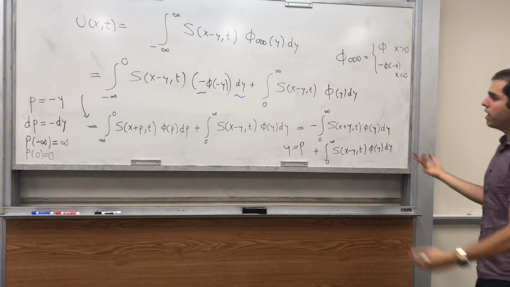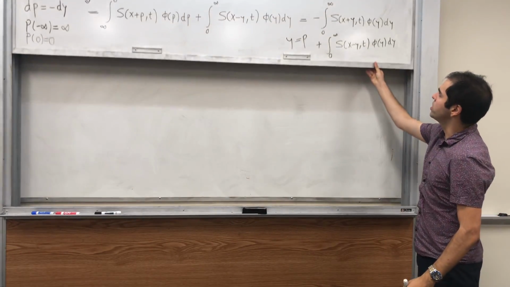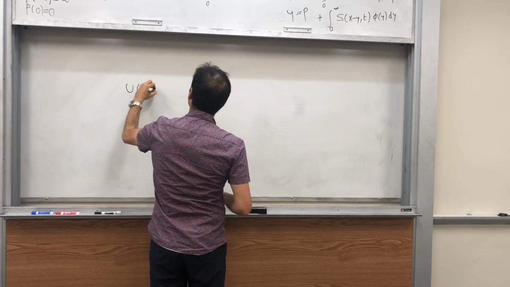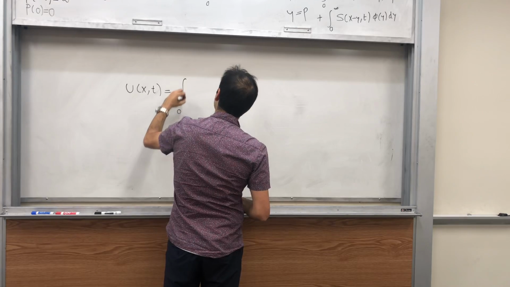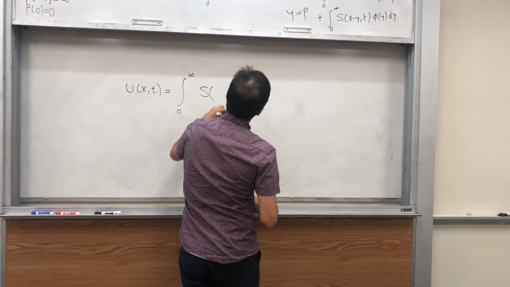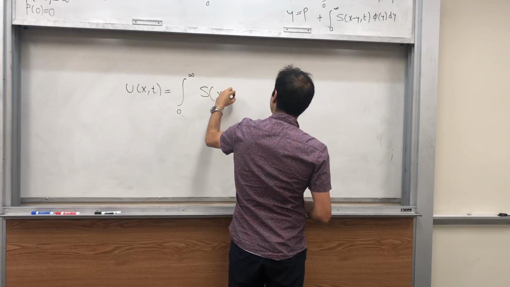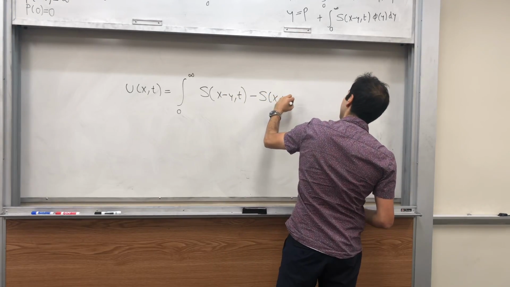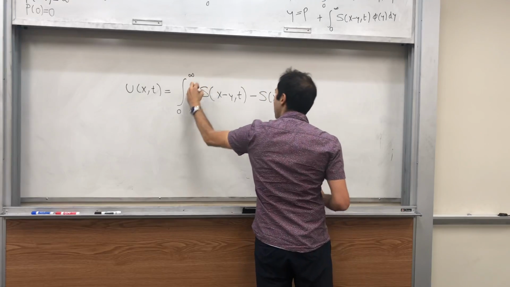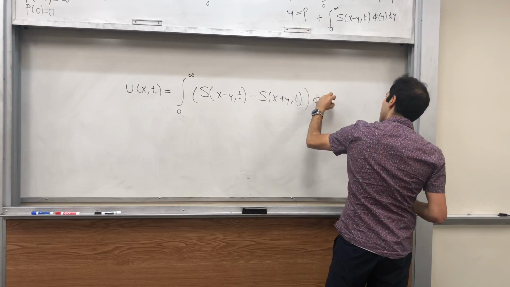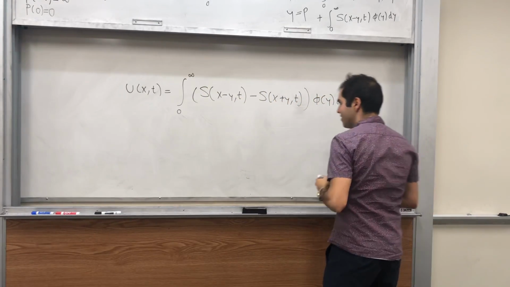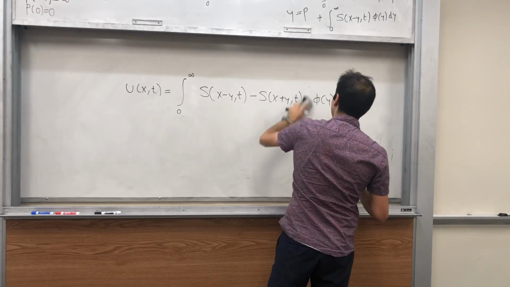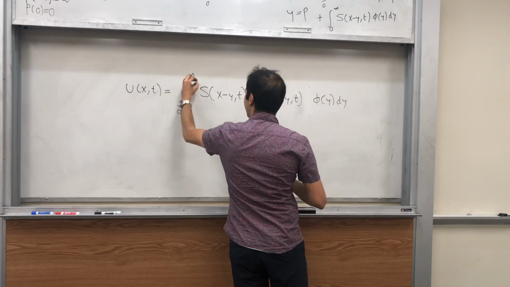Lo and behold, at the end, you get your solution. So you basically get u of x, t. It's the integral from 0 to infinity of s of x minus yt minus s of x plus yt, and phi of y dy. Ta-da! And again, what is s?